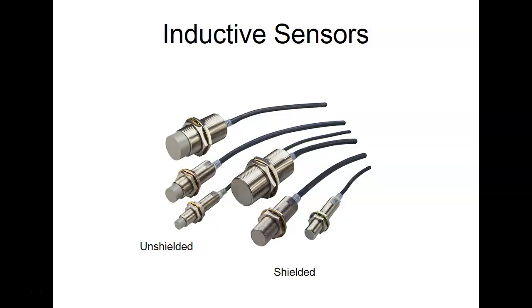The more fancy ones will not only tell you what type of metal it is, they'll tell you how deep it is inside the material. So we can tell a lot with an inductive sensor as far as what kind of metal we're dealing with. All the ones that we have are digital.